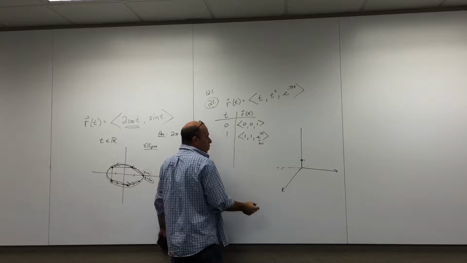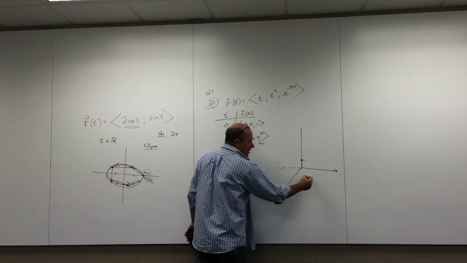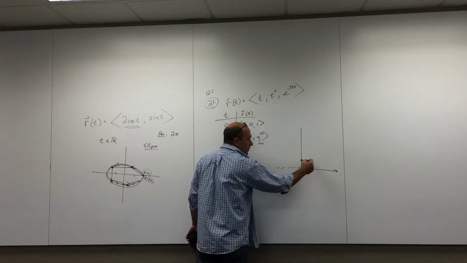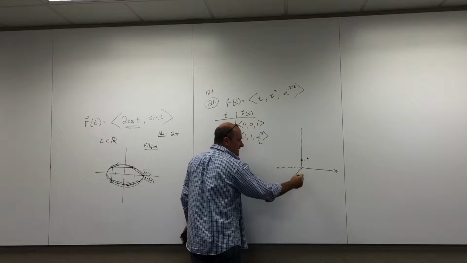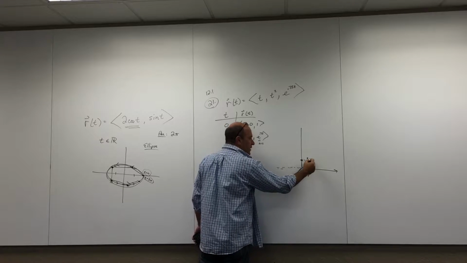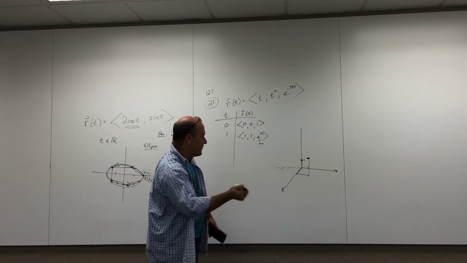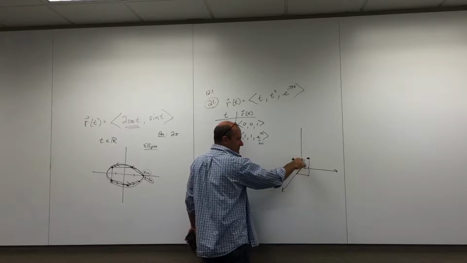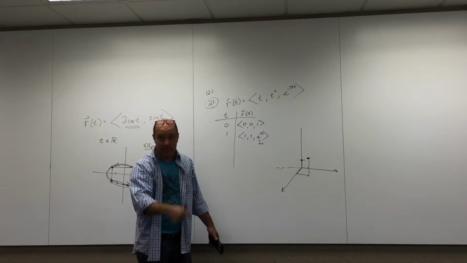Okay, well anyway, 1, 1, 2.12. 1, 1, and then up 2.12. Boy, oh boy, there it is. But it's out 1, it's over 1, and it's up 2.12. It looks like it's right next to that point. You know, that's the problem with drawing 3D on a 2D blackboard.